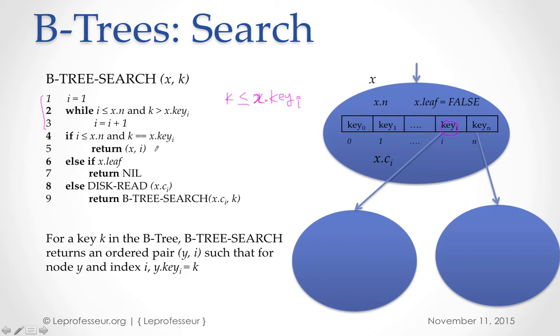If you find it, you return that particular node and the index i at which the key is found. However, if it is not equal, then if this is a leaf node, you say the key is not found. If it is not a leaf node, you recursively search for the key k in the child x.c_i.